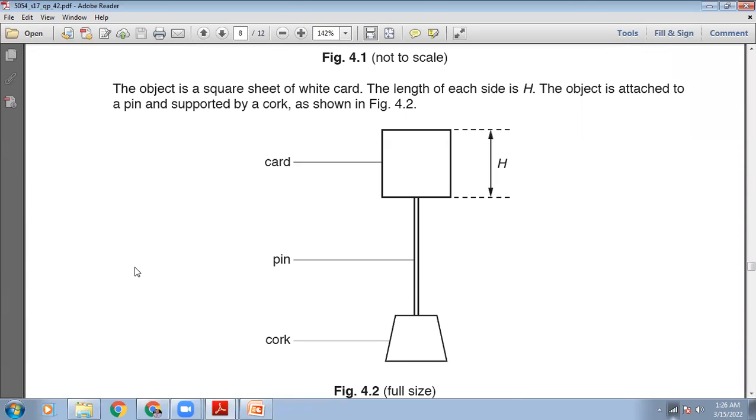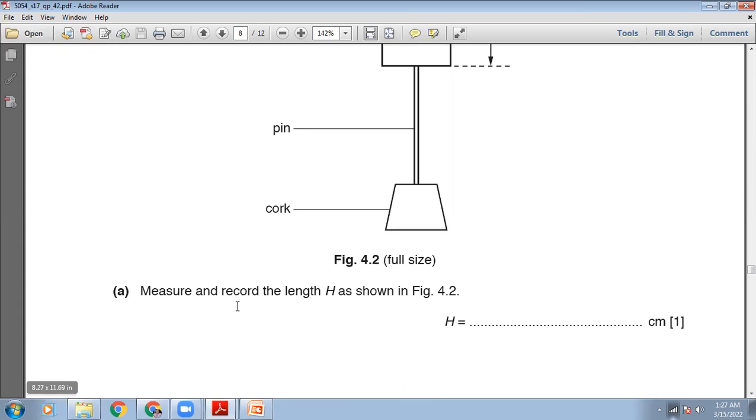It says that the object is a square sheet of white card. The length of each side is capital H. The object is attached to a pin and supported by a cork as shown in the figure. So this is the object whose shadow is formed, and it is in the shape of a square.